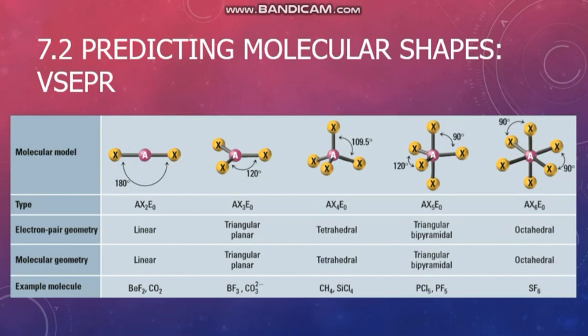Next we move on to if we have four terminal atoms. So we have AX4E0. This time we will have a three-dimensional model. This one is just one dimension, from left to right, a straight line. And here we have a plane, with x and y coordinates.